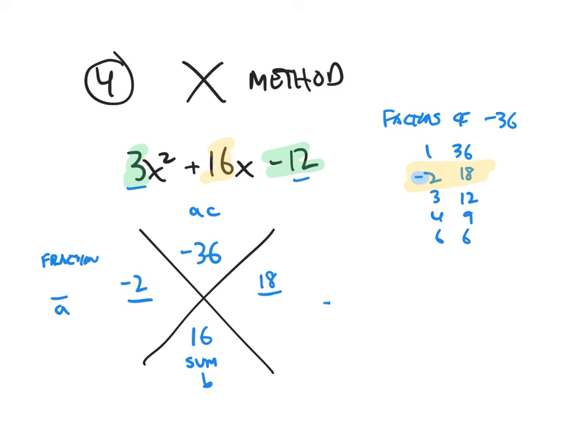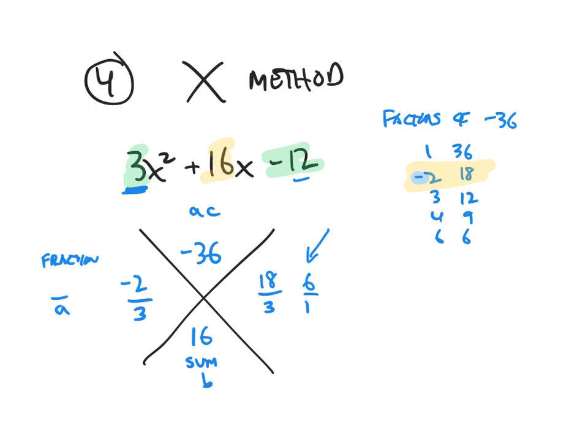Here the A value is 3, so this is 18 thirds and this is negative 2 thirds. Now we can simplify this fraction over here to be the same thing as 6 over 1. Simplifying is the same thing as getting rid of common factors. So we did see this method before. That's where it comes from.